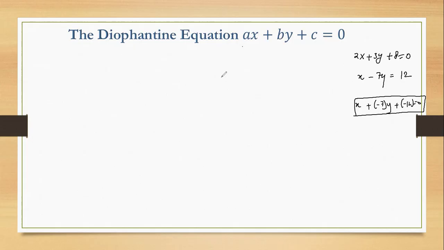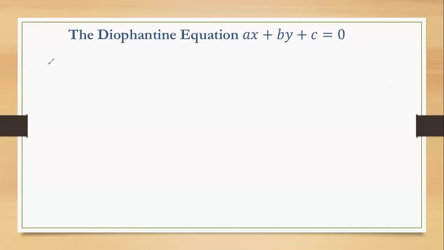If I write the theorem or the full definition of what a Diophantine equation is, then, if you are noting down with me, please start with me. An equation of the form ax + by + c = 0 with a not equal to 0.